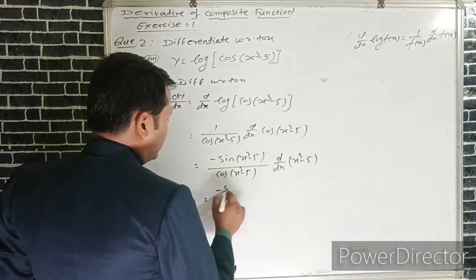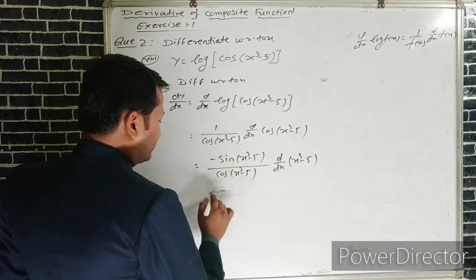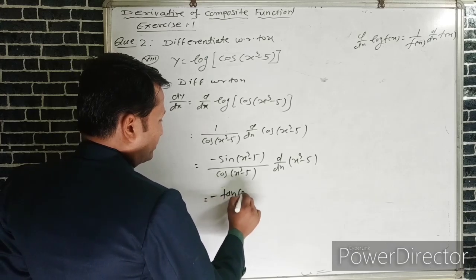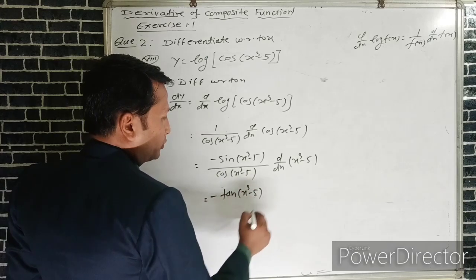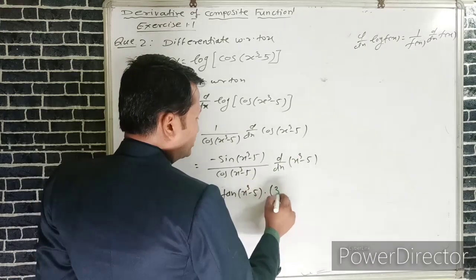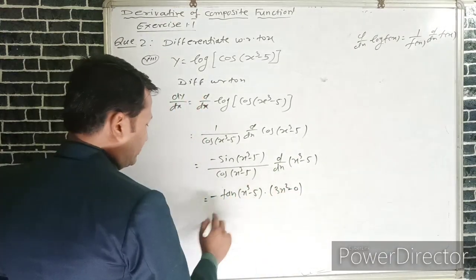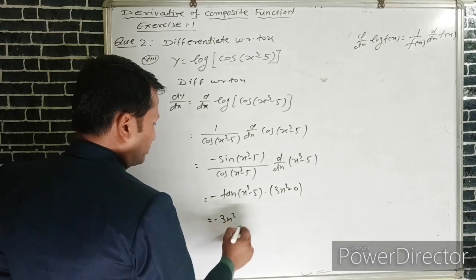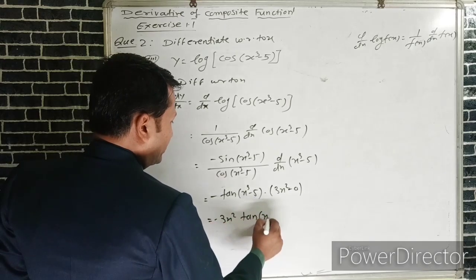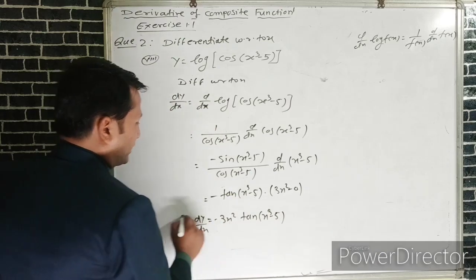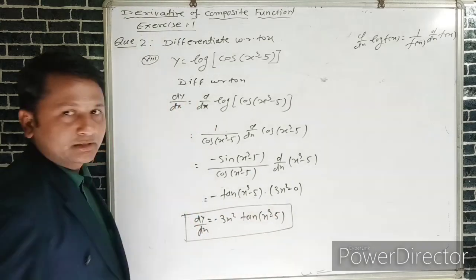Hence we can write minus of sin upon cos is tan of x cube minus 5, into the derivative of x cube, which is 3x square, and minus 5 is 0. Hence we can write it as minus 3x square into tan of x cube minus 5, which is the required derivative of y, dy upon dx.